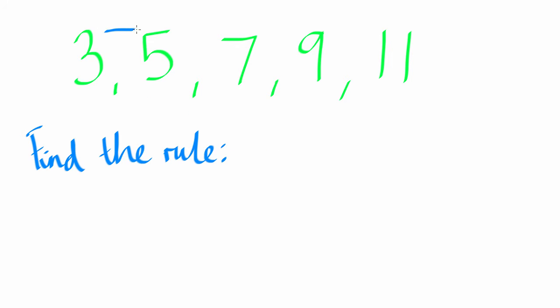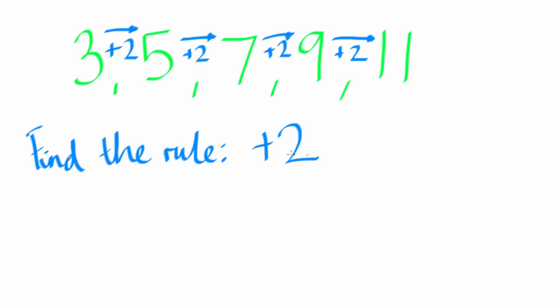Whenever you move to the next number, what happens? You probably have enough brain cells to work out that it is +2. That's what you do every time to these numbers to move through the pattern. So find the rule is +2.